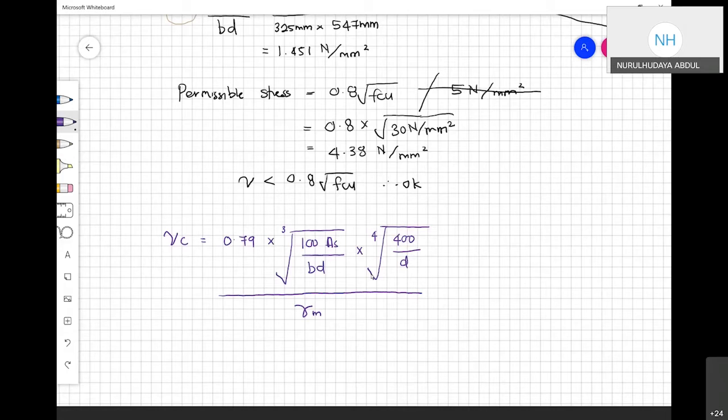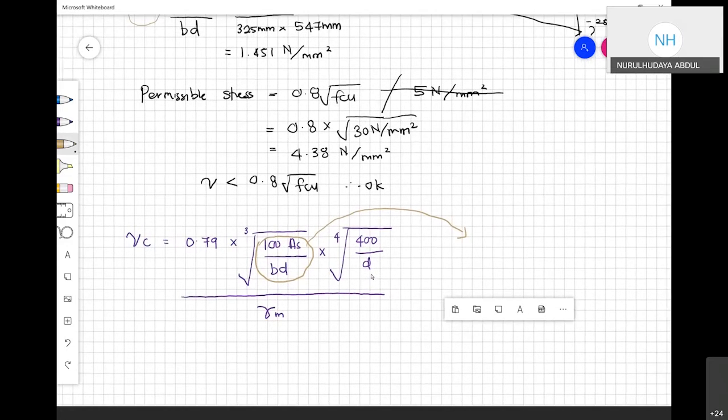In order to calculate this one, I suggest that we calculate this part outside, so that it is easier for us to calculate later on.